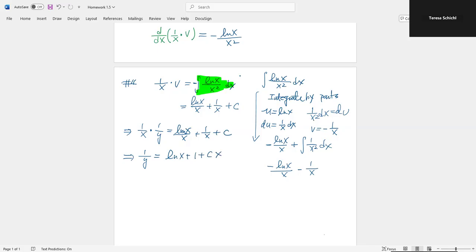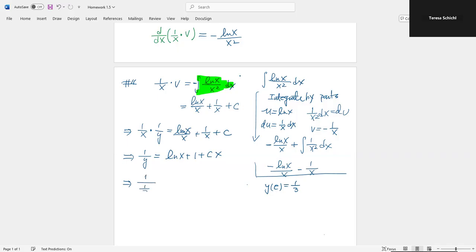Now my initial condition: y of e is equal to 1/3. So when x equals e, y equals 1/3. So 3 equals ln e plus 1 plus ce, and ln e is 1.